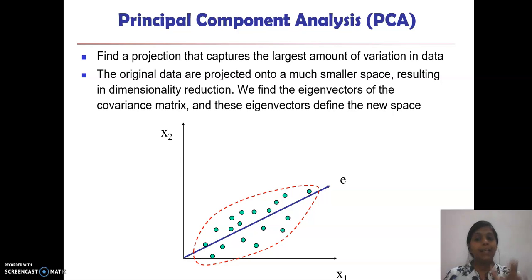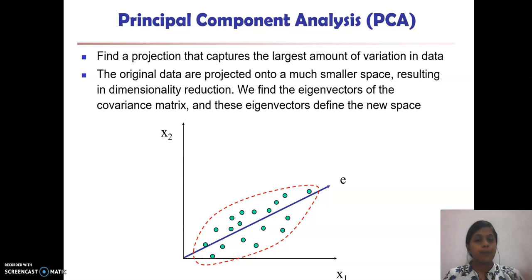Here we are finding a new projection for the existing data that captures the largest amount of variation in the data. In the original data we have the variation, and we find the projection that captures the largest variance in the data. The original data is projected onto a smaller space, resulting in the dimensionality reduction.